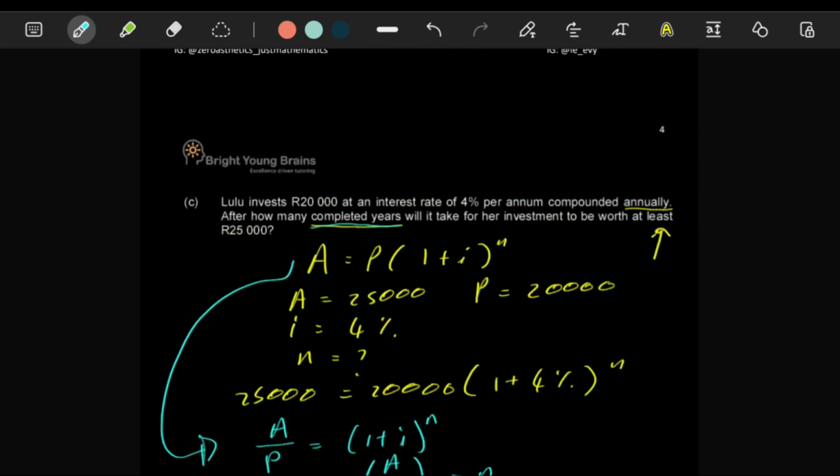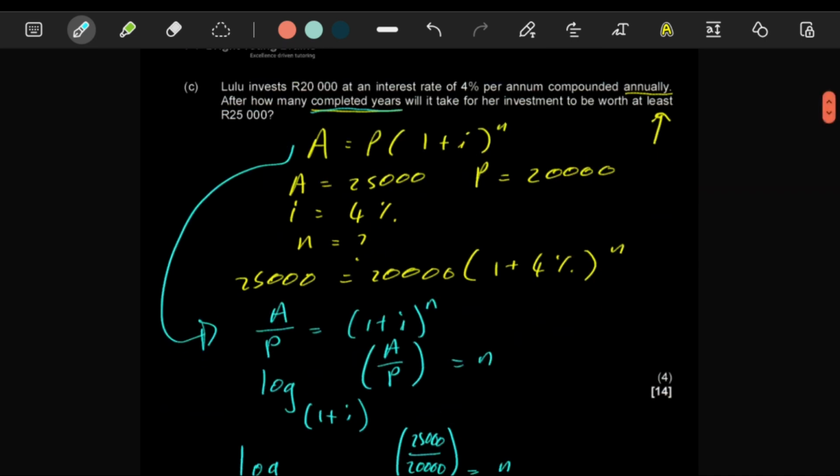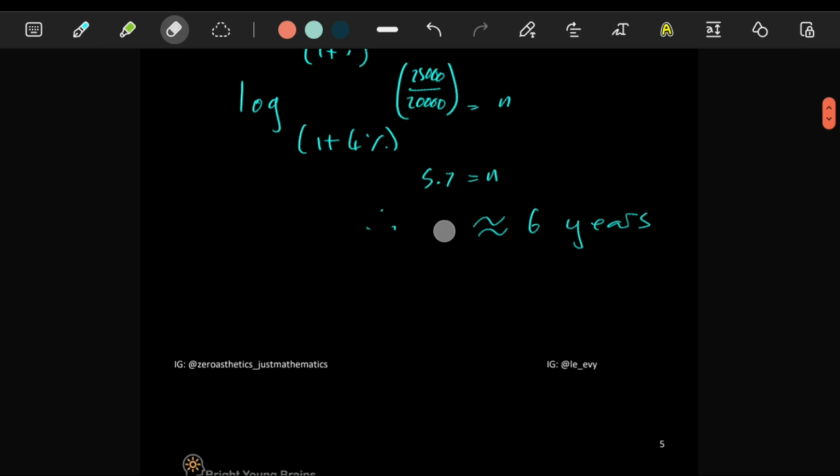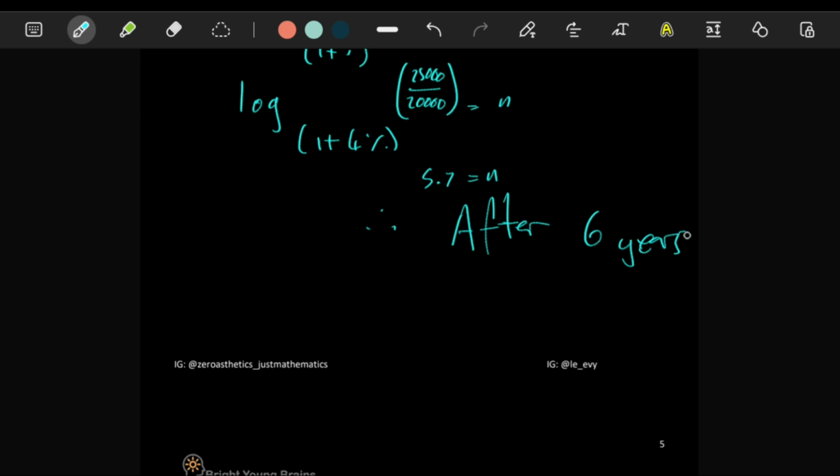So just be careful with these kinds of questions so that you don't end up getting 3 marks out of the 4 because you didn't put the 6 years there. Or rather, let's say here n is equal to this, and then just say here after 6 years. There we go.